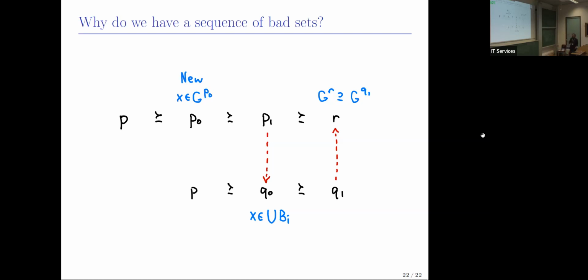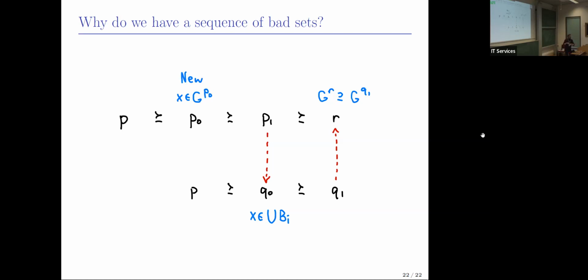And Q0 is defined in such a way that no matter how I extend, so what I've done is I've actually taken P1, I've taken some of that good set and put it into a new bad set. Now that new bad set, from the perspective of the elements of the old bad sets, might as well be good. That's how that labeling nonsense was defined.